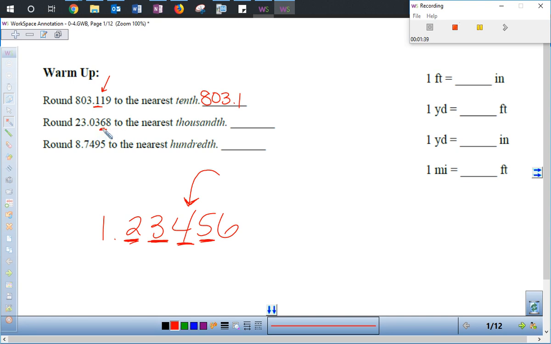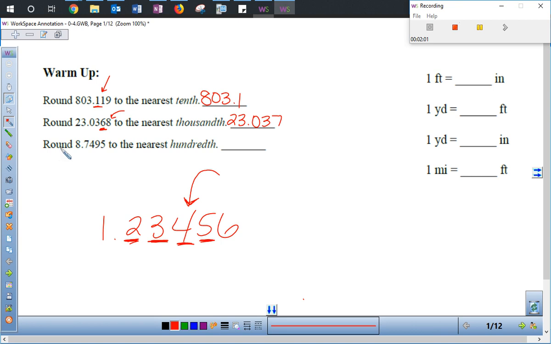Again, I need to look at the number right after it. If it is greater than or equal to 5, we round up. If it is less than 5, we leave it the same. So since 8 is greater than or equal to 5, this 6 is going to go to a 7. So this is going to be 23.037.